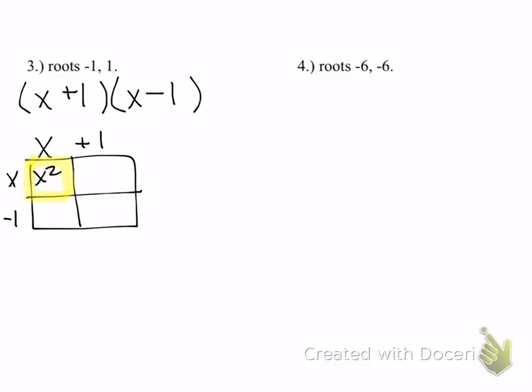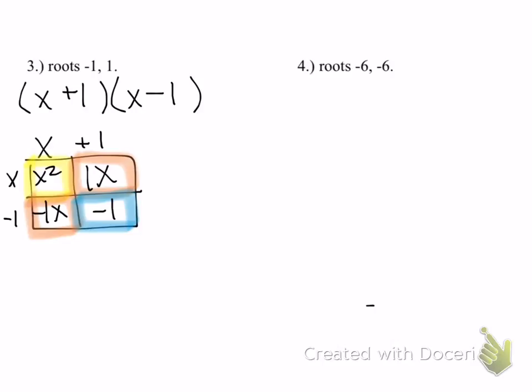Next thing I'm doing is 1 times x, which gives me 1x. Then I'm doing x times negative 1, which gives me a negative 1x. And then lastly, I've got 1 times negative 1, which gives me a minus 1.